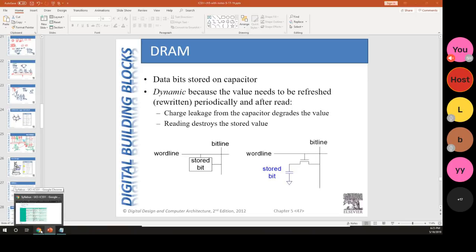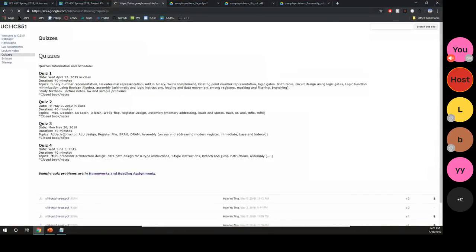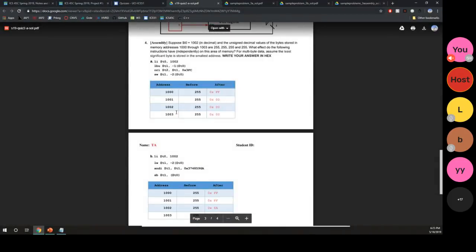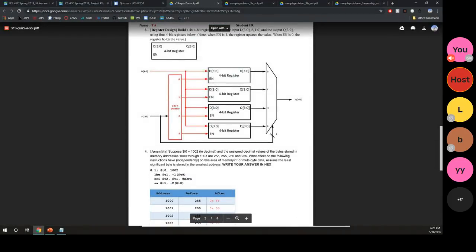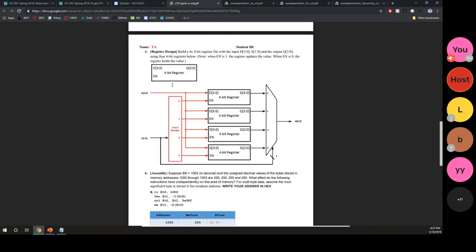Let me pull up last week's quiz real quick, because that's kind of what it's going to be. In terms of this problem, this right here is practically half of a register file. The answers to the last quiz are online on the website; there's a section for quizzes.